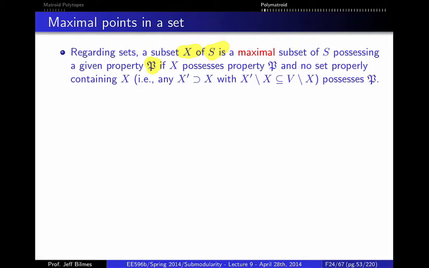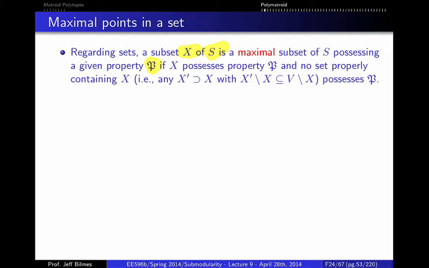So you have some property, and the definition of a maximal subset of a particular set S that has the property is, it has to be a subset, right? But on the other hand, it has to be something such that if you take any superset, it's either no longer a subset or it no longer has that property P. Right?